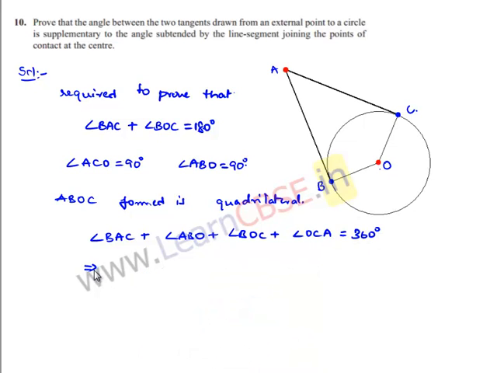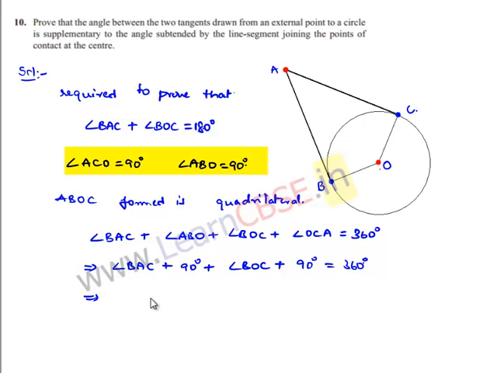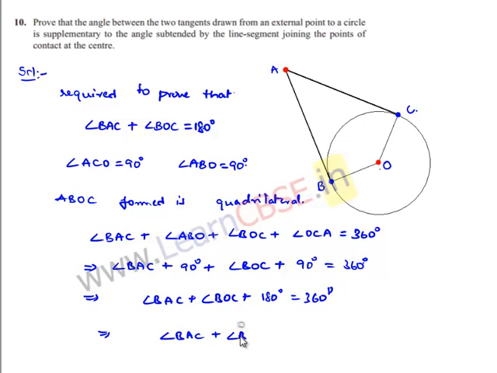That implies angle BAC, let it be as it is, plus angle ABO, which is nothing but 90 degrees, plus angle BOC, let it be as it is, plus angle OCA, which is also nothing but ACO, that is 90 degrees, is equal to 360 degrees. That implies angle BAC plus angle BOC plus 90 plus 90, which is 180 degrees, is equal to 360 degrees. That implies angle BAC plus angle BOC is equal to 360 degrees minus 180 degrees, that is nothing but 180 degrees.